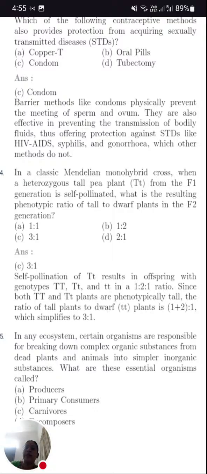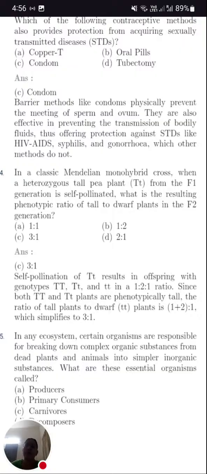Okay, so when they undergo self-pollination, phenotypic ratio is 3:1. So phenotype means which we can see, visualizing ratio. It's 3:1, 3 completely tall plant and 1 completely short plant. And genotypic ratio is 1:2:1.